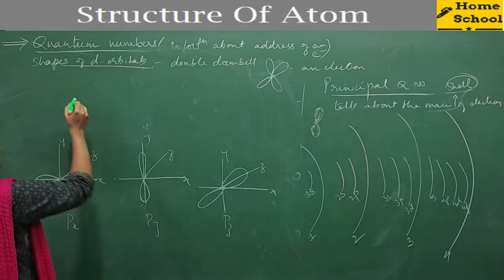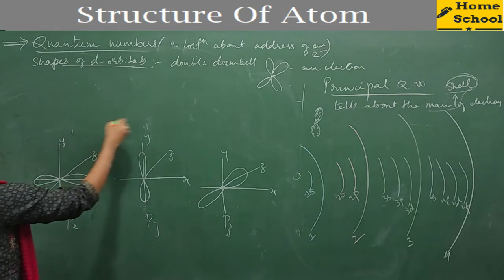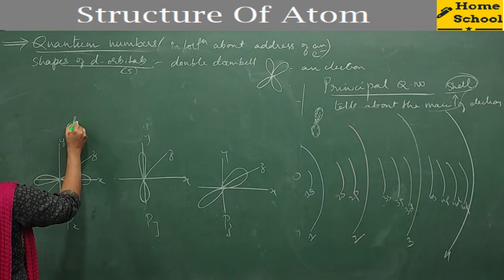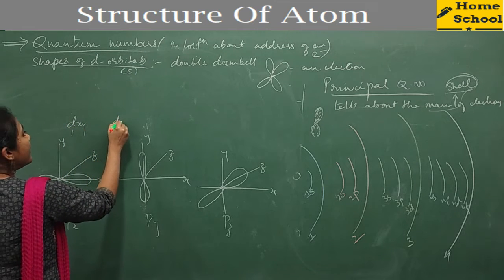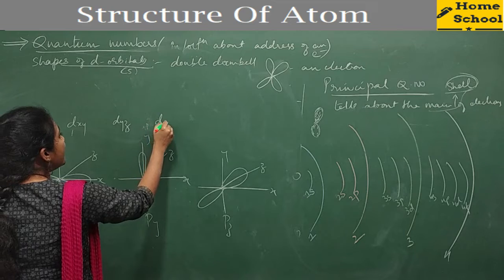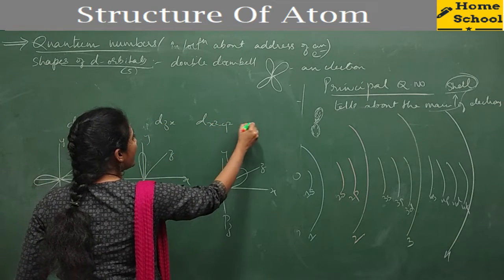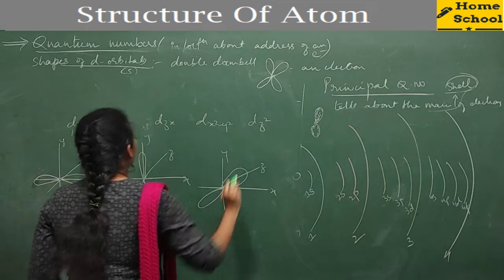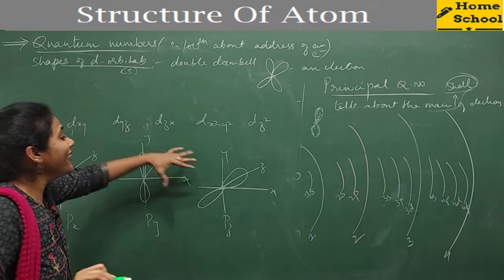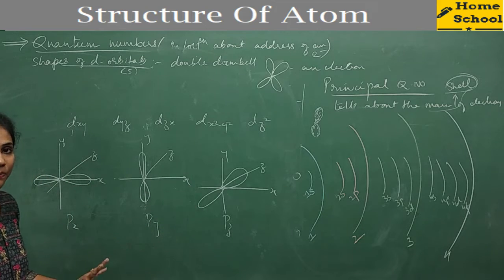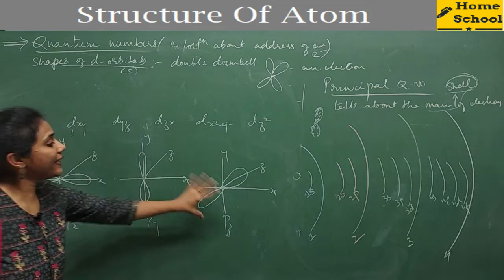How many d orbitals are there? 5 are there. Yes or no? For the 5 we have given names: dxy, dyz, dzx, dx square minus y square, dz square. The names are given according to the way they are arranged in 3-dimensional space, in what orientation and in what direction they are present.